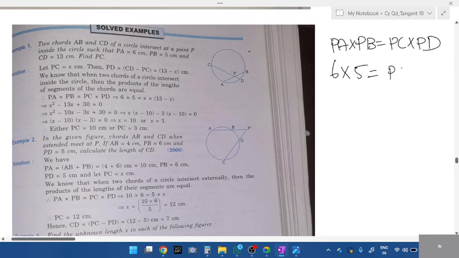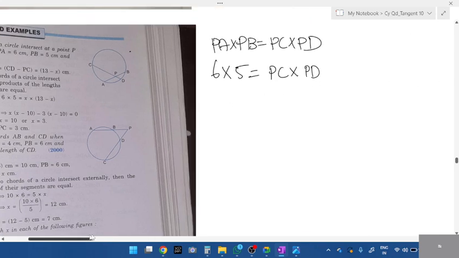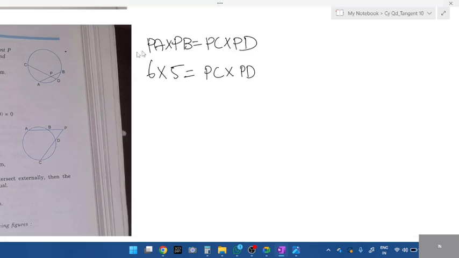Okay, what is the concept? PC into PD, not CD. What is the formula? PA into PB is equal to PC into PD. Even here they have not given it directly, they have twisted the question.